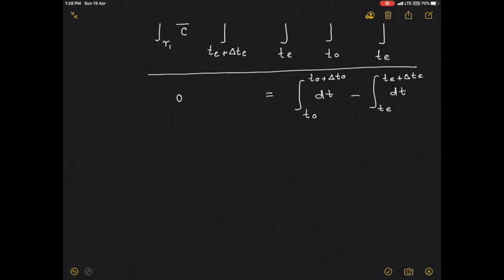Let's do that integral. That integral is straightforward to do because this is just an integral over dt. There is nothing constant times dt, so it will be t.